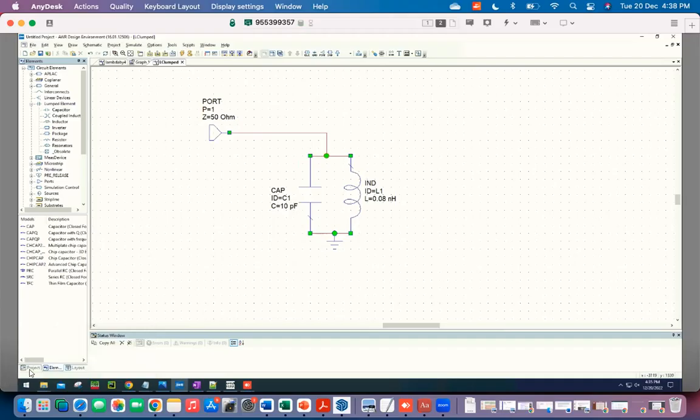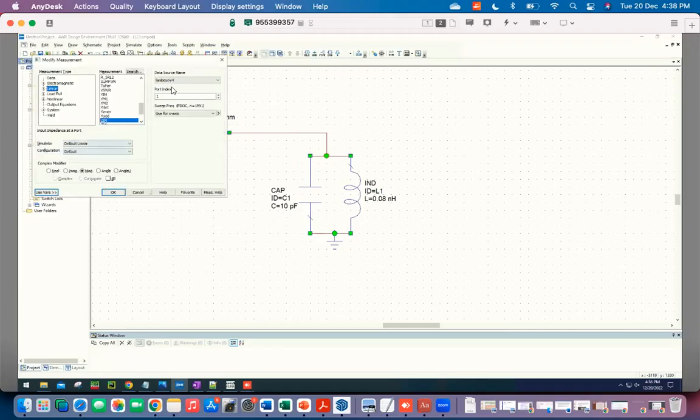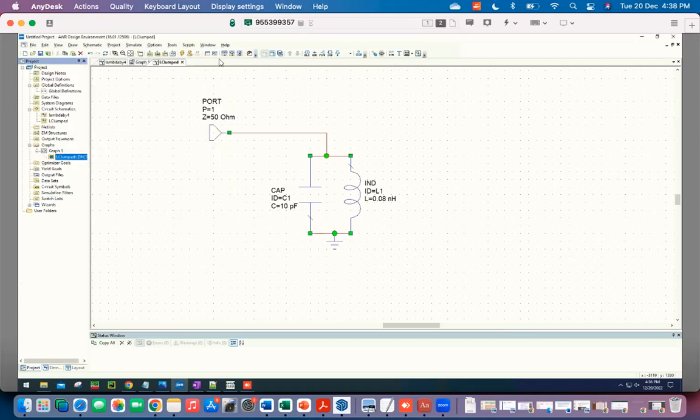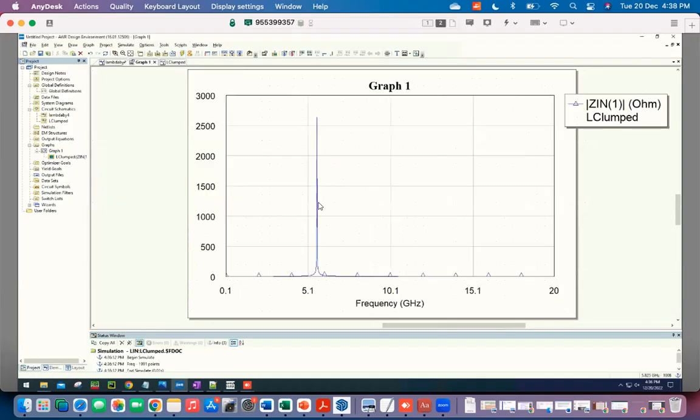So now I've made an LC oscillator there as well. Let me just change the Z. This one has a frequency at around 5.63 or so when it's going up.